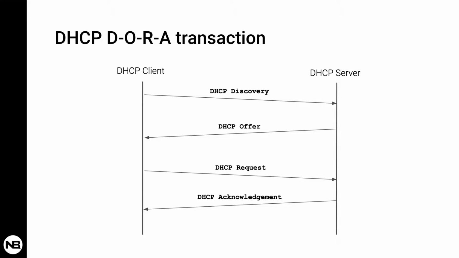The client then double checks, maybe with a ping or rather with ARP, that no other host on the local subnet is using that same address. And then lastly, once the address can be taken by the client, it sends a request to the server confirming the intent of using that IP address, and the DHCP server, if that address was not claimed by any other client in the meanwhile, will acknowledge and reserve it for that specific DHCP client.